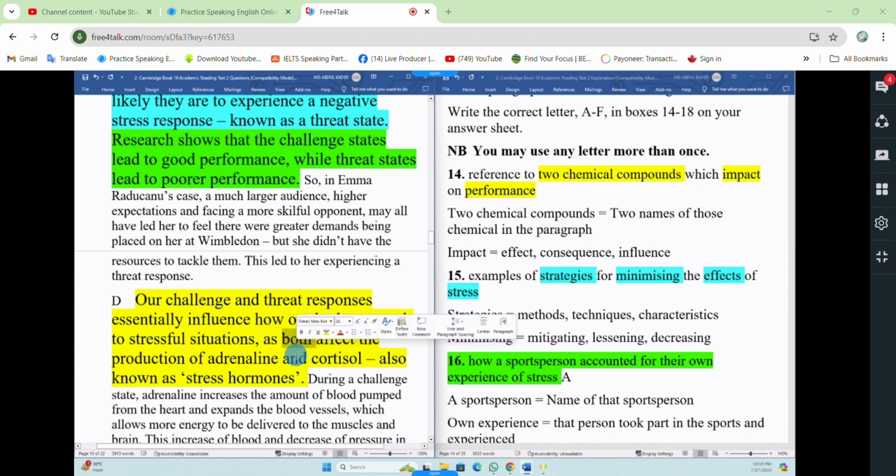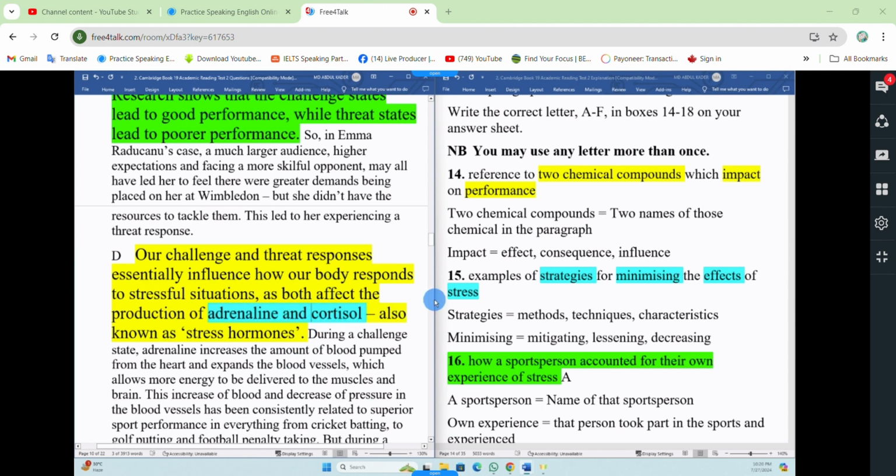As both affect, both means two, right? To affect the production of adrenaline and cortisol, also known as stress hormones. So two stress hormones are there. Number one, adrenaline and cortisol. These are our two stress hormones.